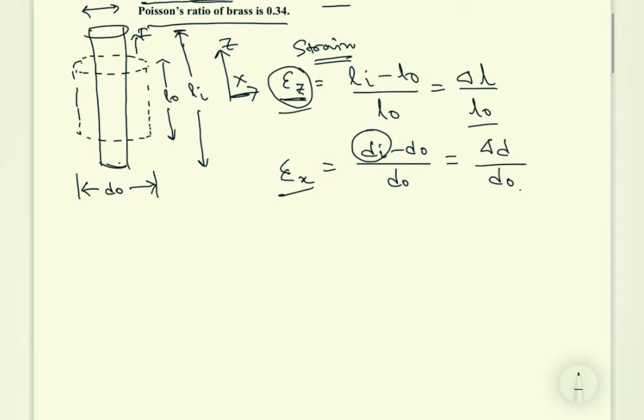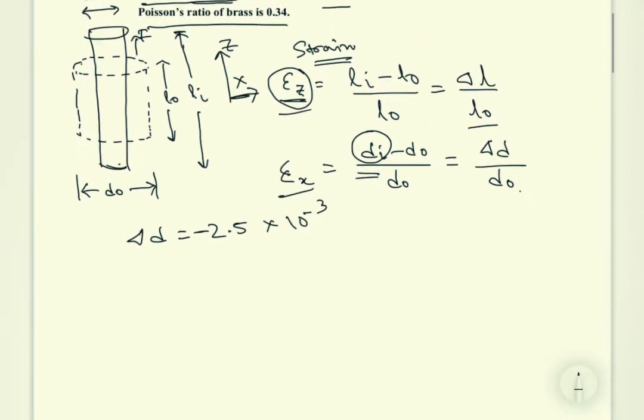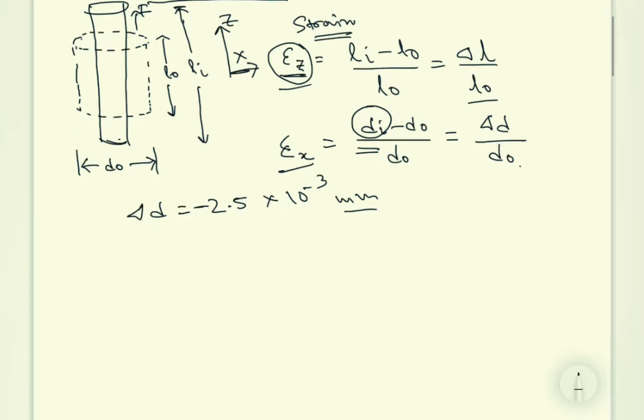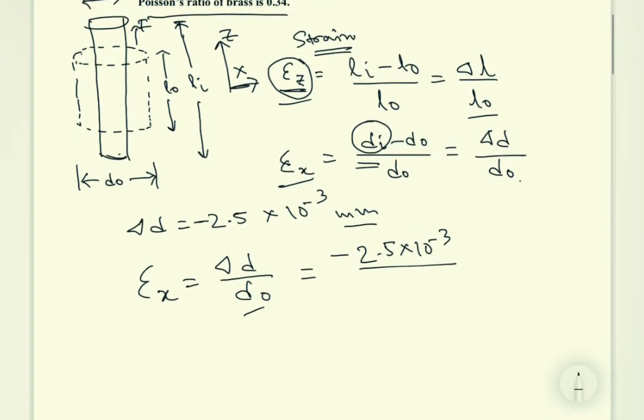The change in diameter is given in the problem, and it is negative as it is reducing: 2.5 × 10^-3 millimeter. So what is epsilon x? It is del d by d naught, which is minus 2.5 × 10^-3, and d naught in mm is 10.